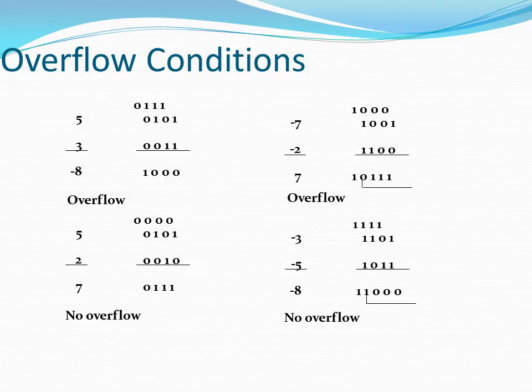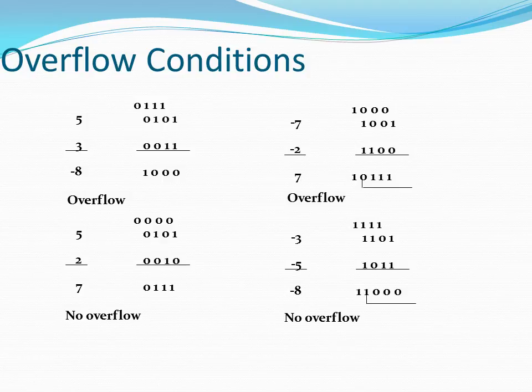After addition, consider the carry in, which is the carry present into the MSB bit, and it is 1, and the carry out. There is no carry out, so it is considered as 0. Whenever carry in and carry out are not equal, we can say overflow has occurred. So in the first example we get overflow, because carry in and carry out are not equal.